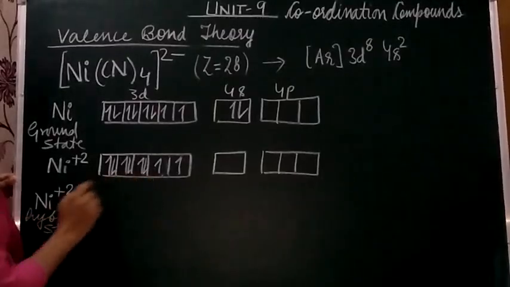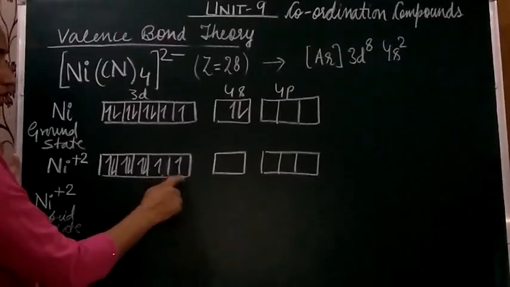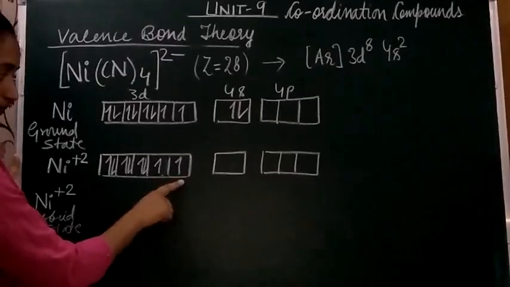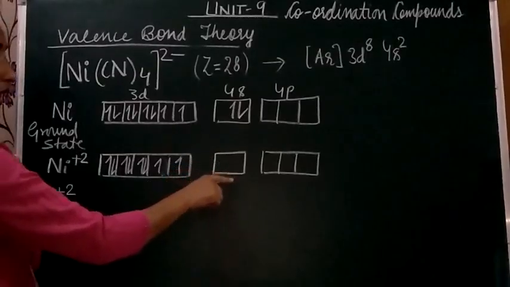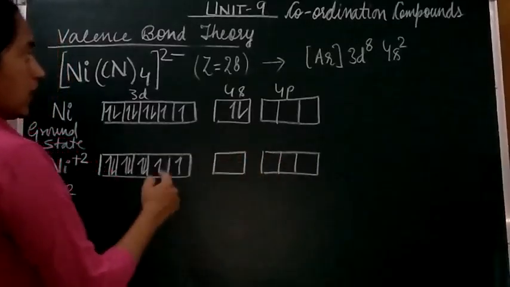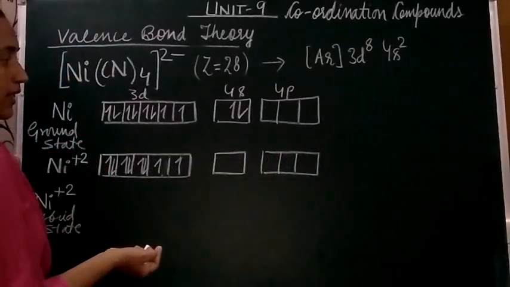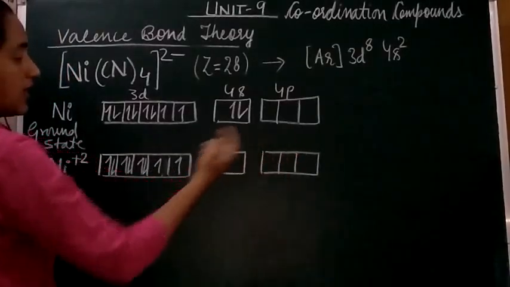Now students, if you see here, you will see that it is getting 2 unpaired electrons, right? And the orbitals which are vacant at present are 4 in number, right? So the thing that can come to mind is that it should undergo sp3 hybridization.